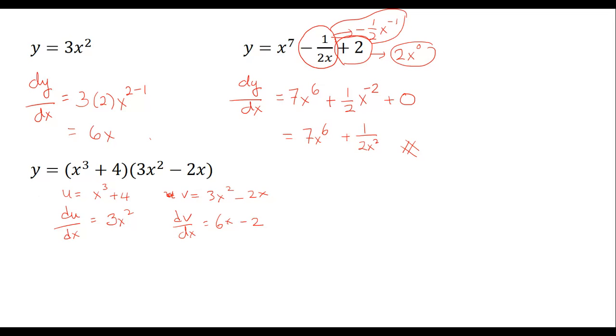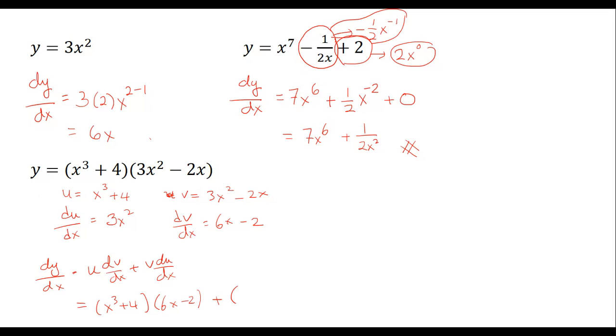I know that by using the product formula, to simplify things, if I have uv, then my product derivative becomes u dv/dx plus v du/dx. All right, and then my u is just this, and my v is just this.